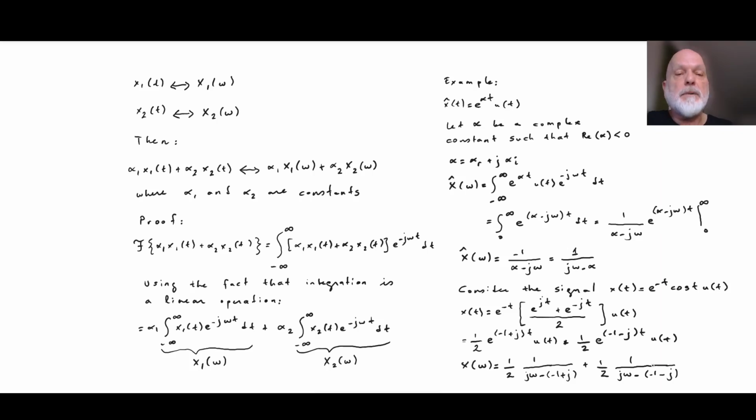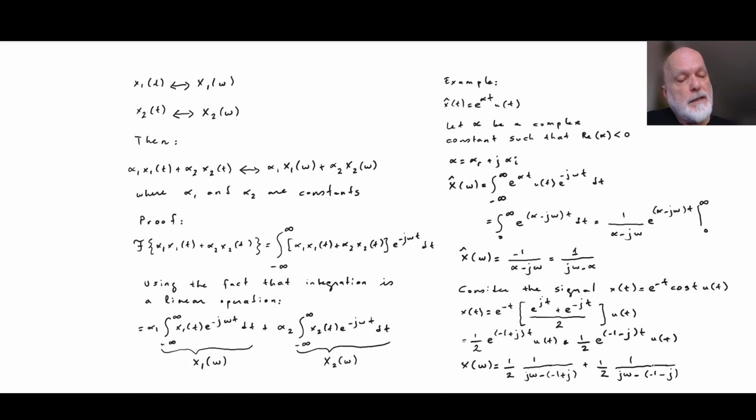Because of the imaginary part of alpha, we have sinusoidal oscillations, but they do not create any problem in the convergence of the integral, since they are just sinusoidal terms which are always bounded in magnitude. So the important term is the real part of alpha.